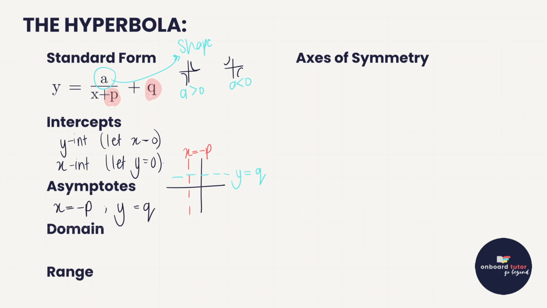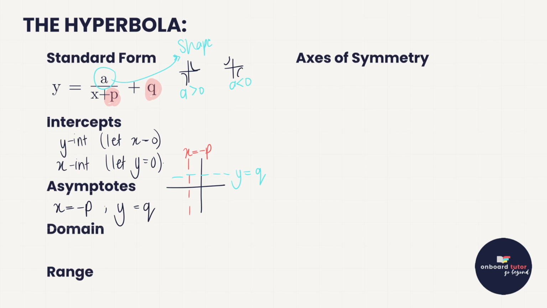And those two asymptotes help us then to figure out how to draw our graph. So let's say you have a positive a value and you've got these asymptotes in place, then your graph will occur here and here. And so you'll see you'll have a y-intercept and an x-intercept when you draw it.